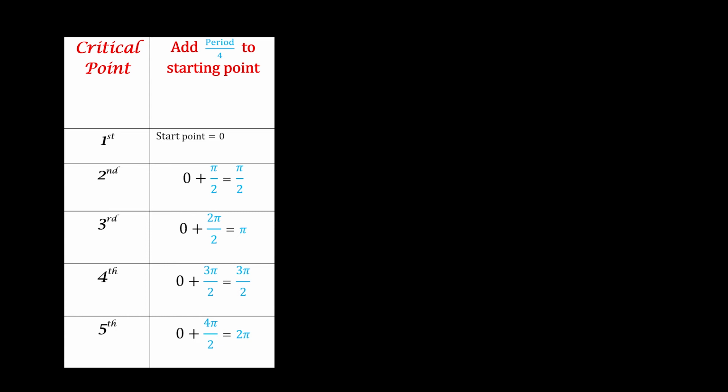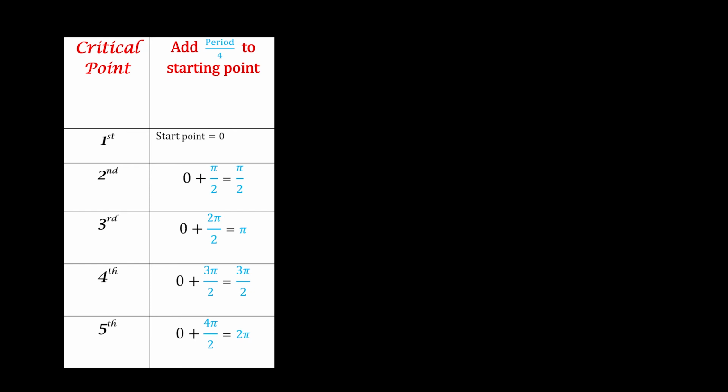Now finding the x-coordinate for all the other critical points is very easy. You start with the initial point and you add to it the period over 4. Remember, we calculated the period over 4. It was pi over 2. So to get the x-coordinate of the second critical point, you add pi over 2 to 0. To find the third critical point's x-coordinate, you add 2 pi over 2's to the starting point.